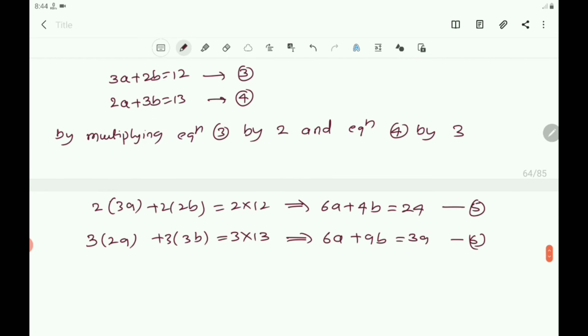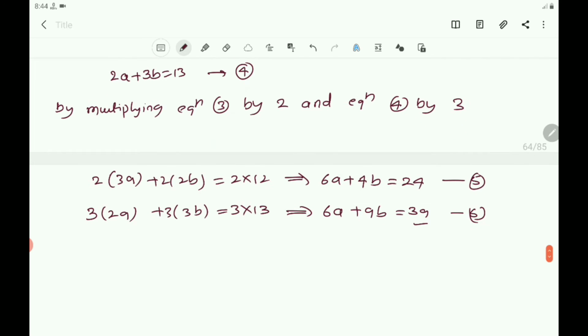Now here we have to eliminate a, as we have converted them to variables of the same coefficient. To cancel them, you know that both the 6a and 6a have the same sign. As they have the same sign, we have to subtract one equation from the other. Here in the second equation 39 is there, that is greater.